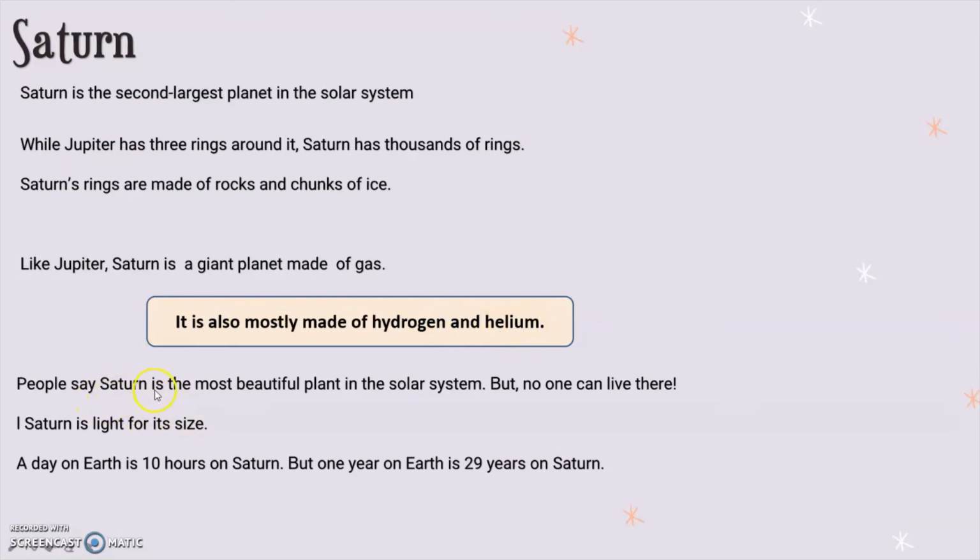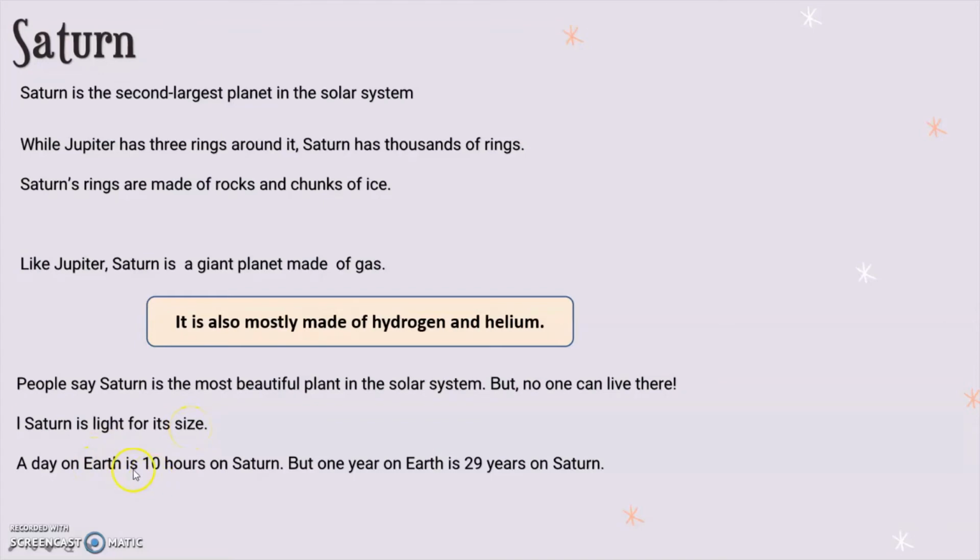People say Saturn is the most beautiful planet in the solar system. But no one can live there. Saturn is light for its size.